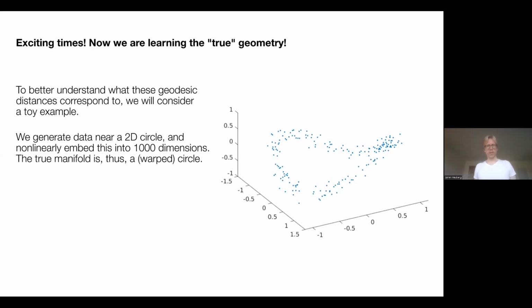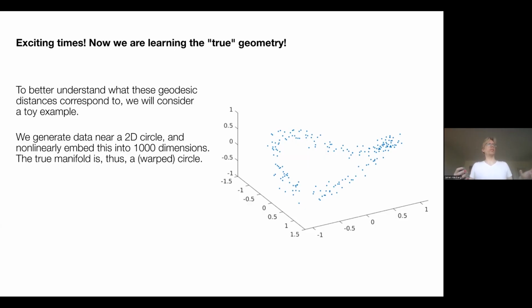So what I've done is that I've created a simple one-dimensional circle lying in a two-dimensional space. And then I embed it in a 1,000-dimensional space and start bending it and twisting it a little bit, just a little bit. I don't want to make it too difficult, but it also shouldn't be a completely linear thing. So we know that the true underlying data manifold here is a circle.